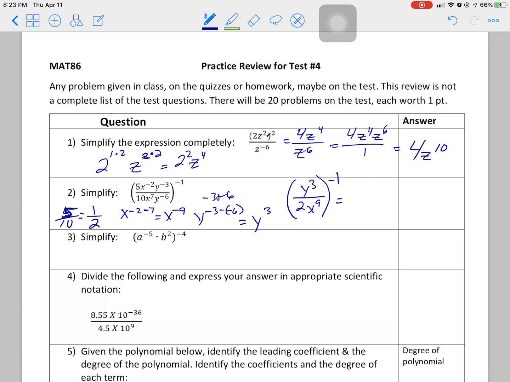I'll check. Let me do it again in just a second in another way. So this would be y to the negative 3 over 2 to the negative 1, x to the negative 9, which is the same as 2 to the 1, x to the 9, y to the 3. That's what I have on the answer key.